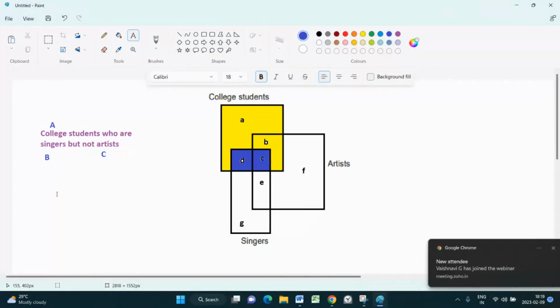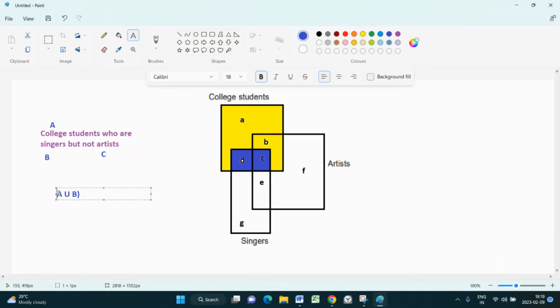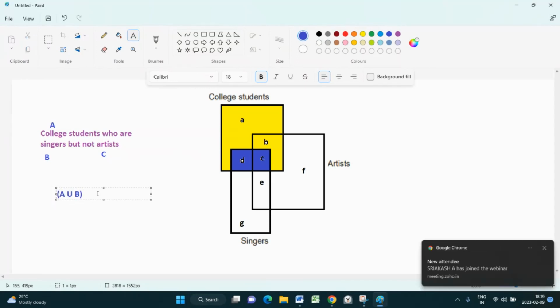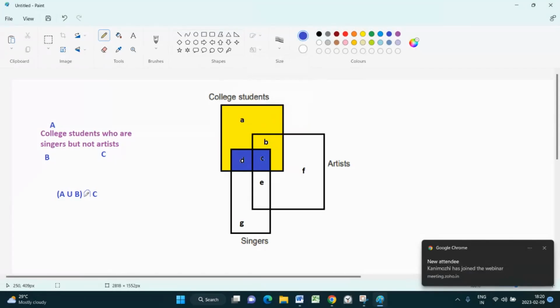A union B, not, I have to write an intersection C.